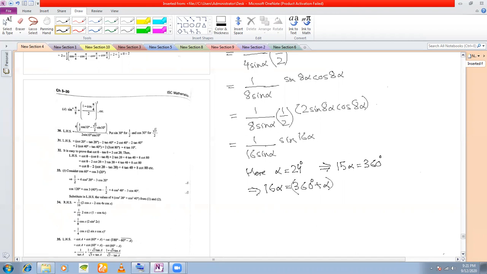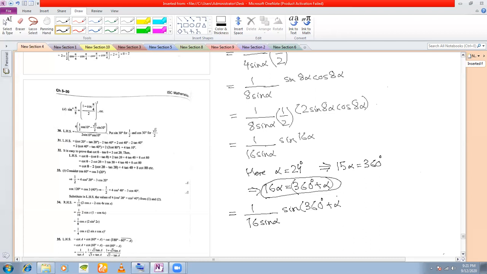So therefore from here you get 1 by 16 sine 16 alpha, 1 by 16 sine of 360 degree plus alpha.